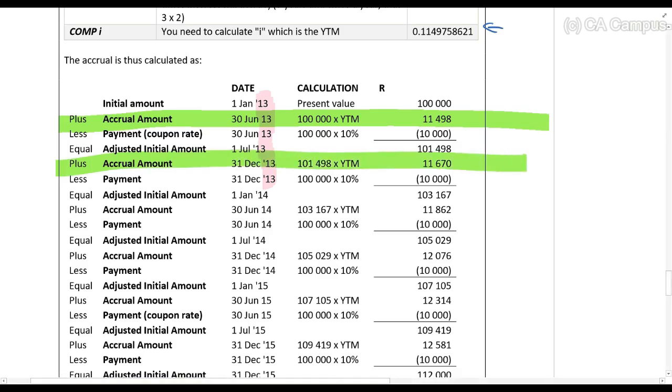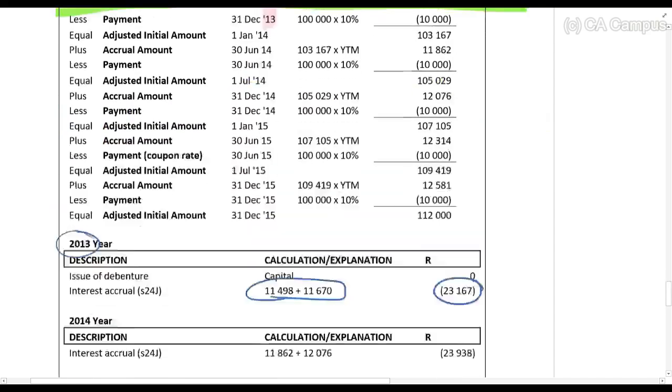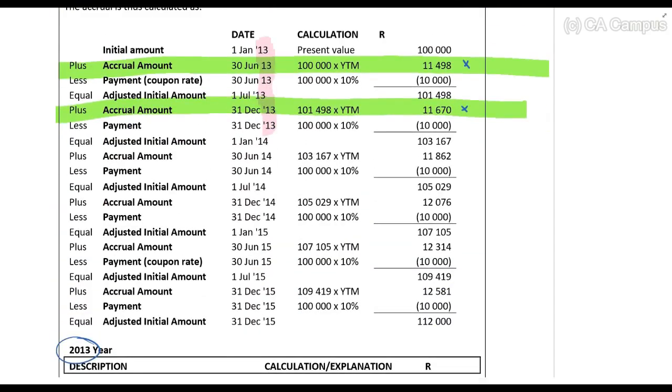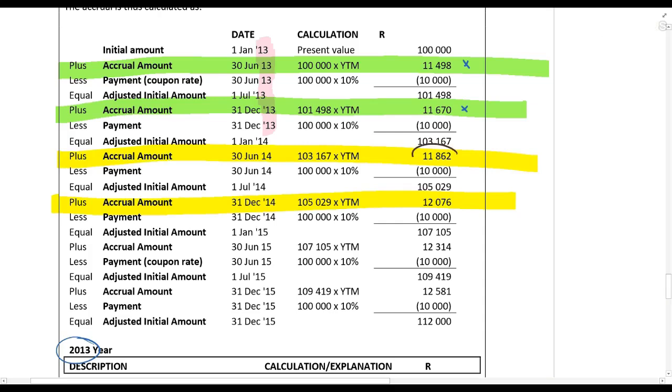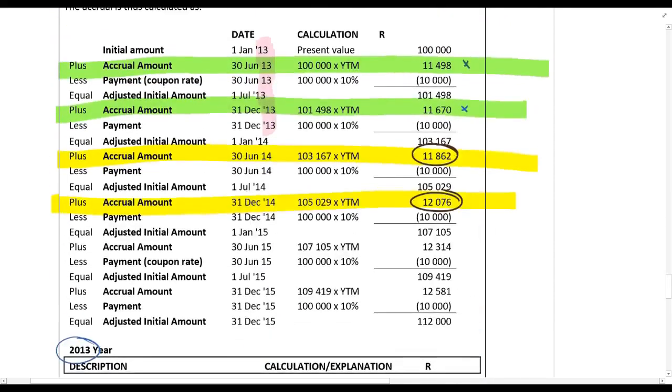So those 2 amounts, 11,498 and 11,670, that is our interest for 2013. Can you see? So we do our calculation like we've been doing it all along. There's our accrual for 2014 and our second one. So 2014, 11,862 and 12,076. Right, guys, and so forth.